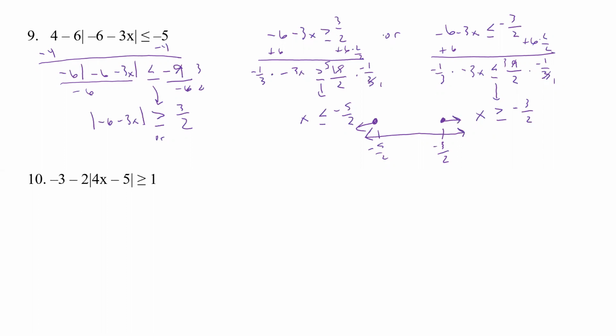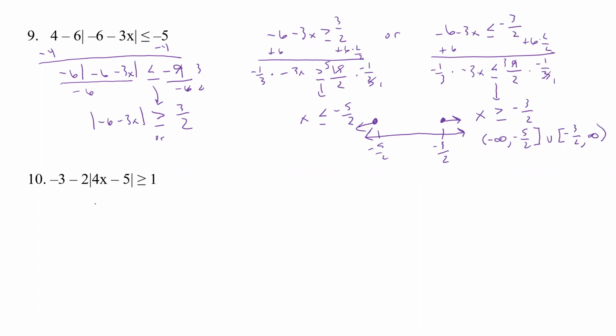And because it's or, we're going to have to include all those points. So it's going to go from negative infinity to negative 5 halves with a bracket, union, bracket, negative 3 halves to positive infinity. Okay, and so all the numbers within this area or in this area should give us a true solution for that inequality.